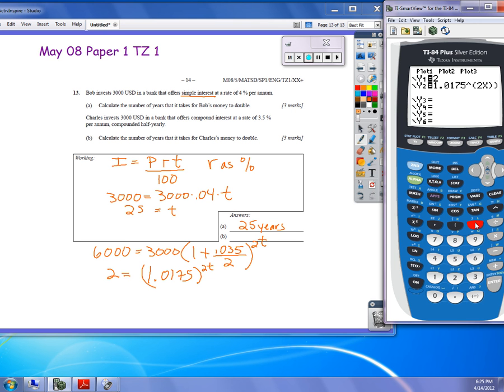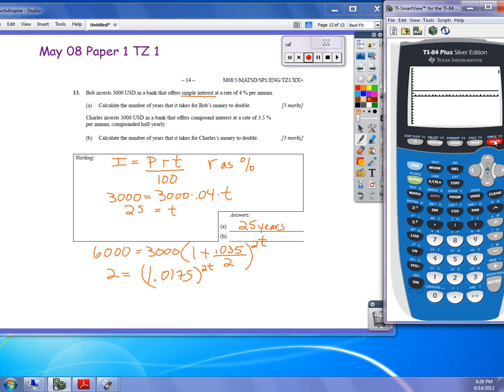I've got an extra one, I'll delete that. And I'm going to see what that graph looks like. So there's my y equals 2, and here comes my exponential function. I want to see where those lines cross. Obviously my window isn't big enough, so let's stretch that x value out. I really don't care about negative time, so I'm going to make the initial value of x 0. And we'll start with guessing 25.